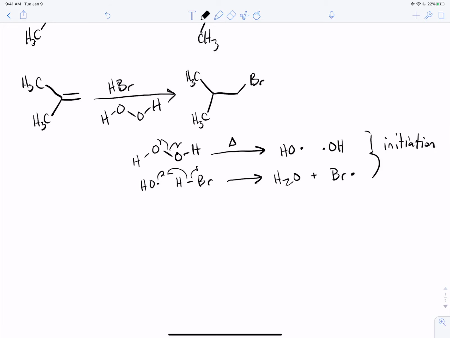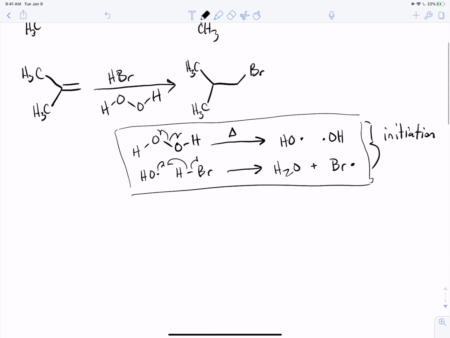You don't really end up in the propagation part of the mechanism until you start to react with the substrate. So once the substrate enters into the equation, that's the start of the propagation step. Let's take a look at what the propagation step looks like here.